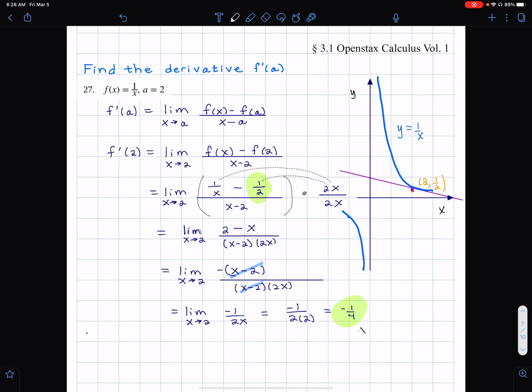That's the derivative, but the derivative is the slope of the tangent line. And so that's why I'm sketching the graph and I'm looking at this and seeing, okay, does -1/4 make sense? All right, so I think it does. Okay, so that's all.